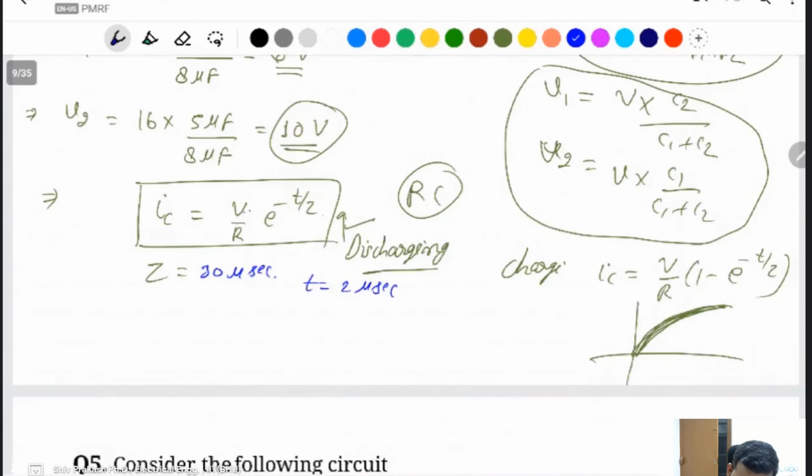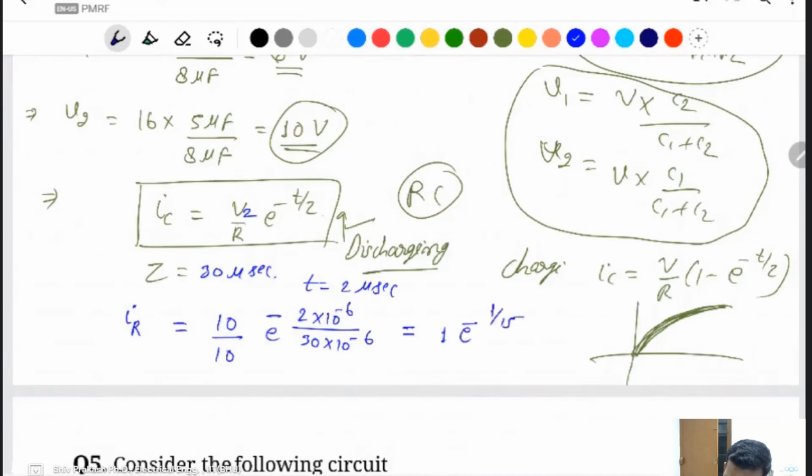Then what is the current IR? 10 volt divided by 10 ohm, 1 ampere, times e to the power minus t, 2 microsecond is 2 times 10 to the power minus 6 second, divided by tau of 30 times 10 to the power minus 6. That gives e to the power minus 1 by 15.